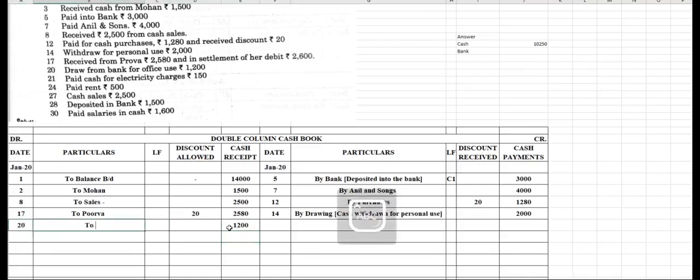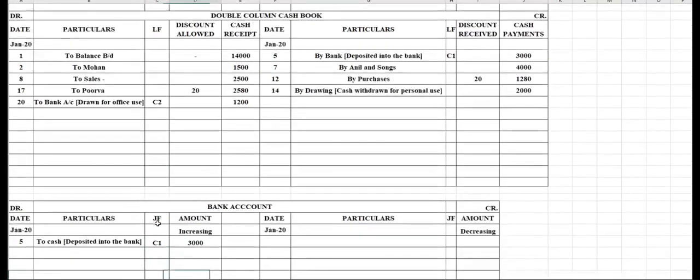So to bank account, in bracket, drawn for office use. So this is a contra entry. If we are receiving cash from the bank, there should be an entry in the bank account also. It should reduce the amount.